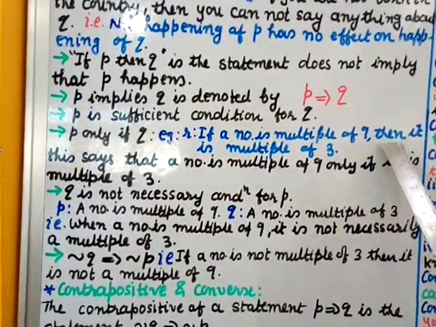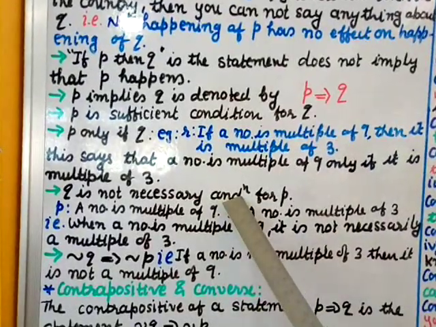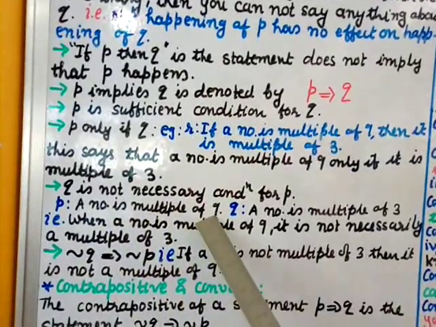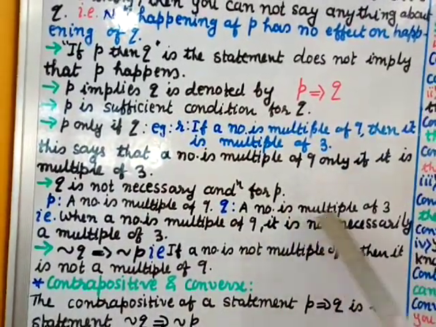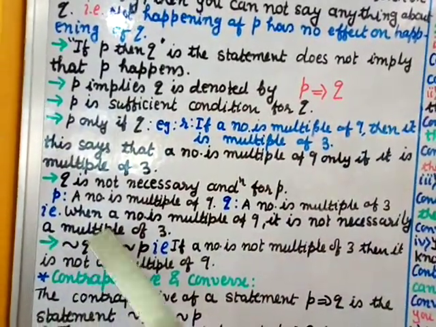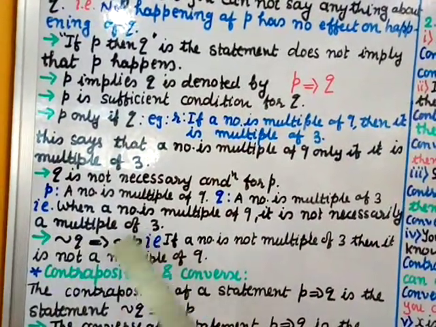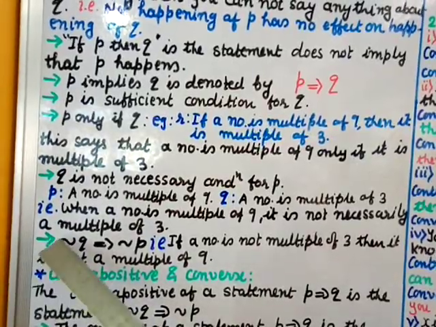For the same example, let us try to understand this statement. Okay, so I'll write the statement P from here: a number is a multiple of 9, and Q from here: a number is a multiple of 3. That is, when a number is a multiple of 3, it is not necessarily a multiple of 9.